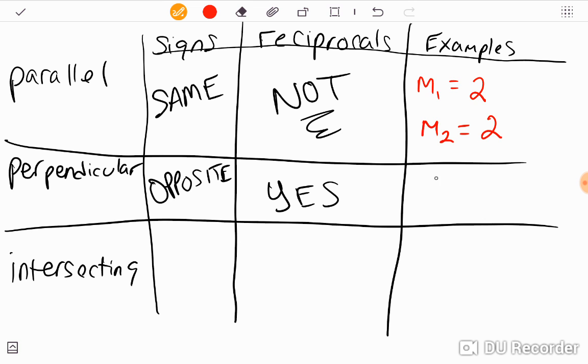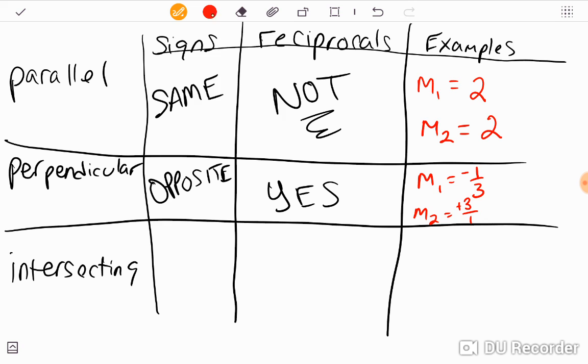So the fraction is going to be flipped. So let's say m1 is negative 1 over 3. Well, that means that m2 would have to be a positive, I'll even write the little positive, 3 over 1. Okay, so notice how the fraction flips and the sign flips.